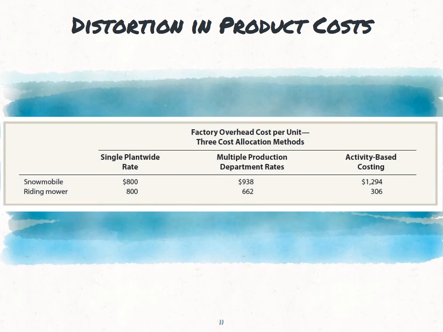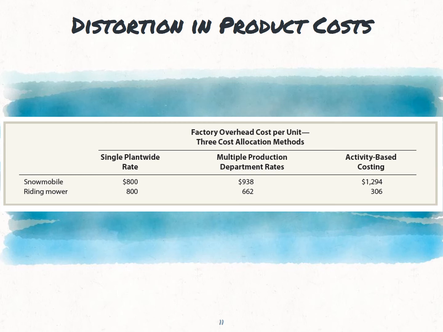To illustrate, the activity-based costing method produces a different factory overhead cost per unit than the multiple department factory overhead rate method. This difference is caused by how the $1,000,000 cost of setup, quality control, and engineering change activities is allocated. Snowmobiles and riding mowers did not consume these activities in proportion to direct labor hours, as was assumed in how the multiple production department rates were computed.